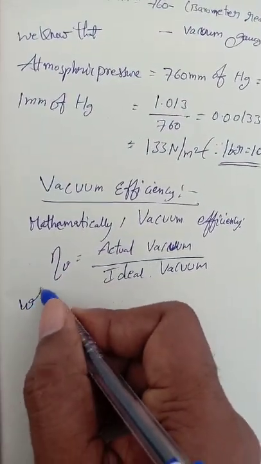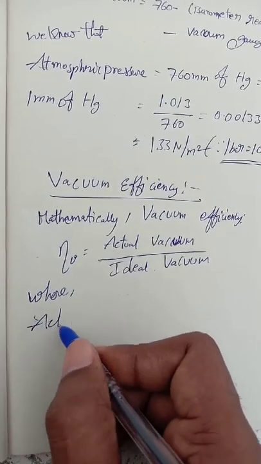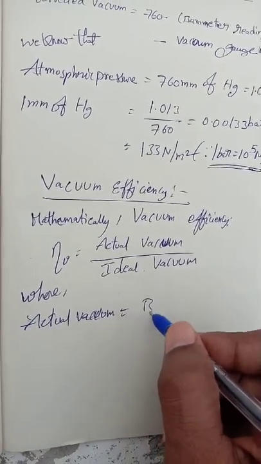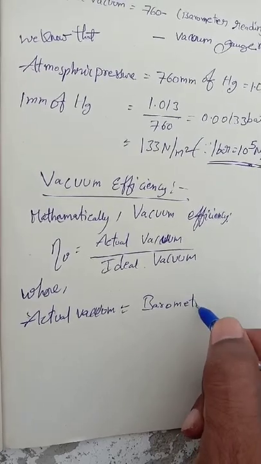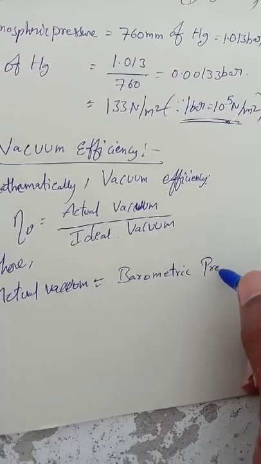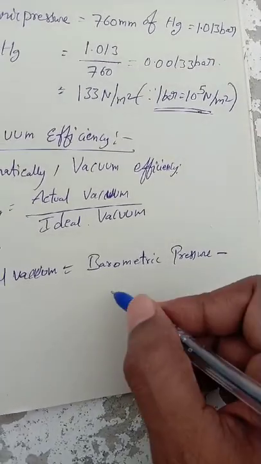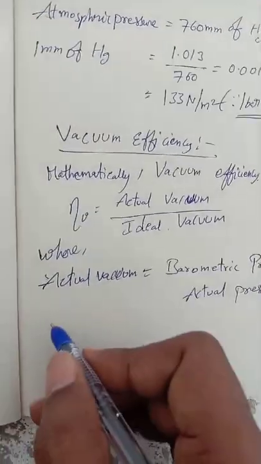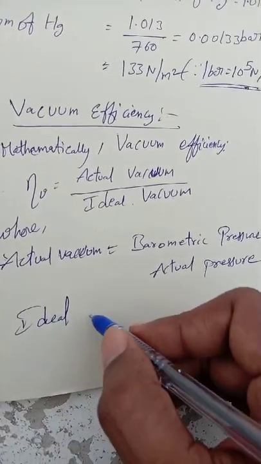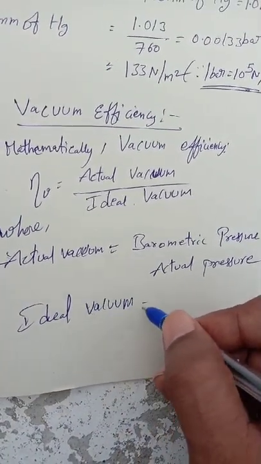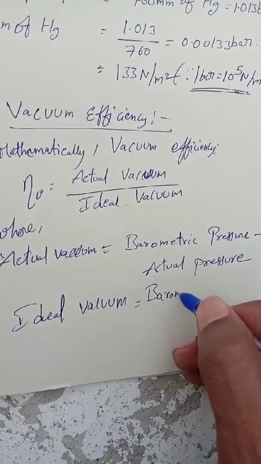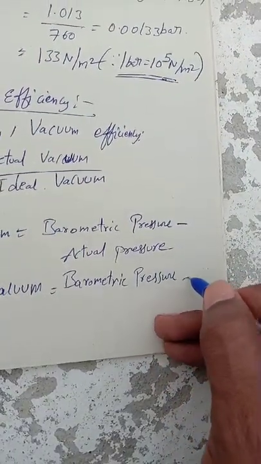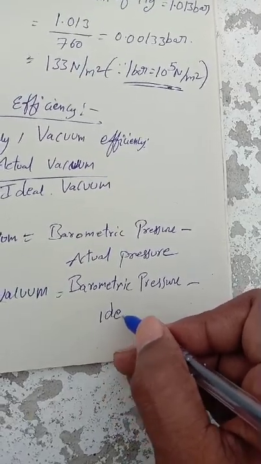Here the actual vacuum is equal to the barometric pressure minus the actual pressure, and the ideal vacuum is equal to the barometric pressure minus the ideal pressure.